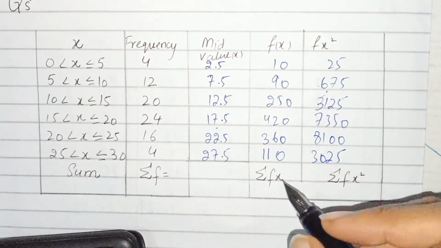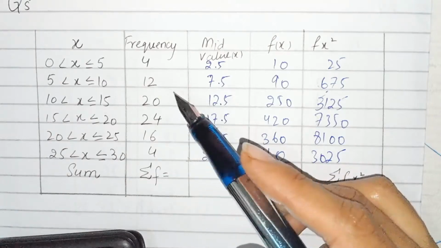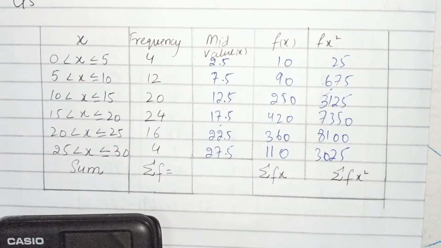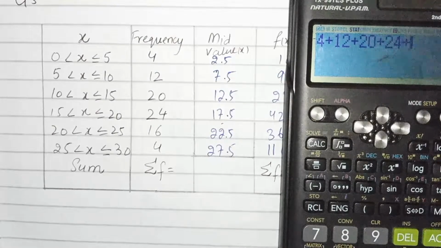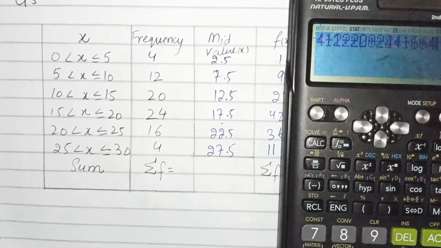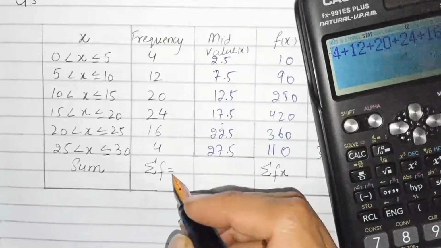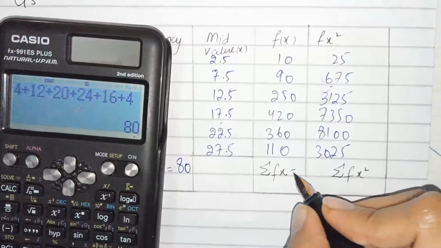And now students, we have to add these values and find the sum of these values. The sum of frequency is 4 plus 12 plus 20 plus 24 plus 16 plus 4, we get 80.